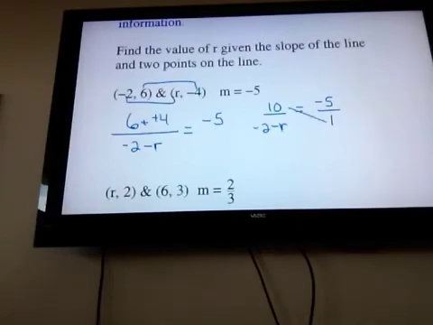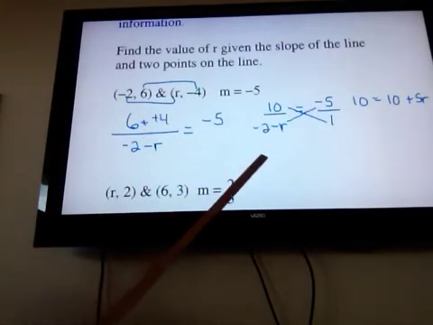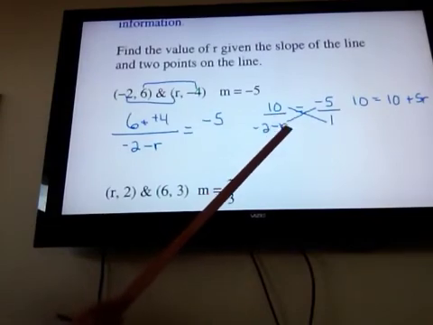So 10 times 1 equals 10. And -5 times the quantity -2 minus r gives me 10 plus 5r. So I'm distributing. I'm taking -5 times this quantity. So that's a positive 10 plus 5r.